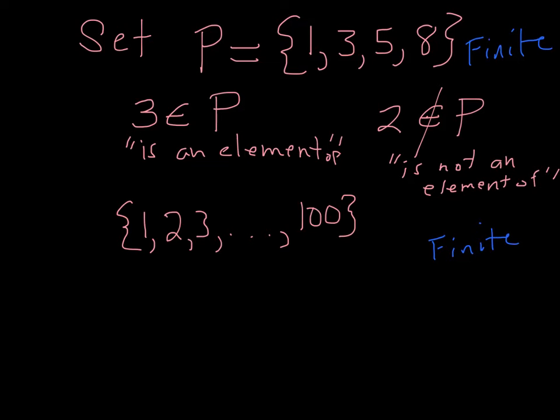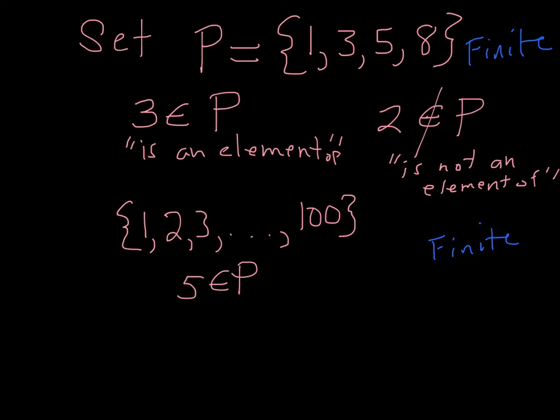What those 3 dots show is that the pattern we can see over here, just going up by 1, continues until we get to the end number of 100. But it's still finite. If I took the time, I could list all those elements out. And in this case, it may be quite useful to say I may want to refer to 5 is an element of this set, because I don't see it there, and maybe it's not obvious to somebody.